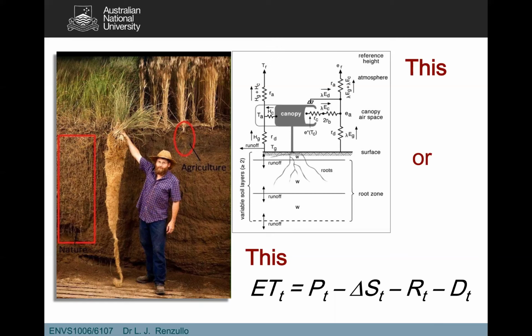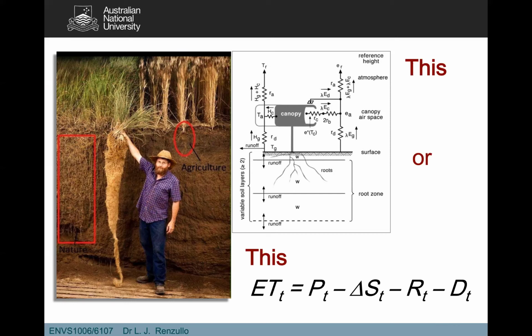So you can have a very highly parameterized model, like described in the box on the right, with the canopy resistance. This is to describe evapotranspiration rates from a surface: the resistance from the stomata, from the overlying atmosphere, from the ground and the roots. Or you can just say ET, evapotranspiration, is the difference you get when you take everything away from precipitation, including the storage, the runoff, and the drainage.